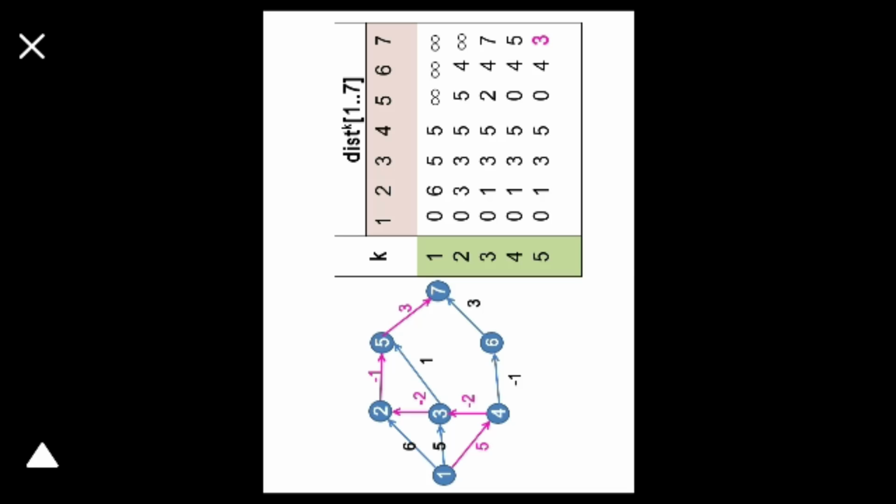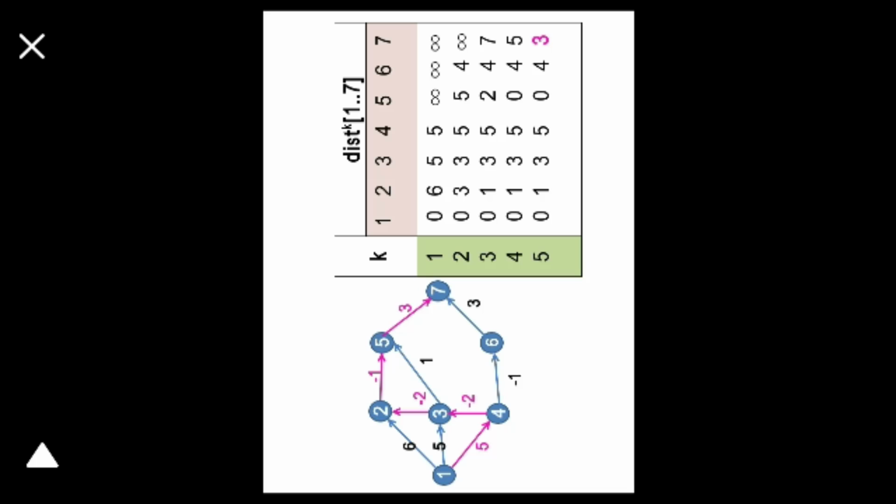If I see the pink color, to reach from source to vertex 7 with 5 edges, 5 minus 2 minus 2 minus 2 minus 1 plus 3, it is 3. So source 1 to vertex 7 with 5 edges is 3, and all other values are the same as previous.